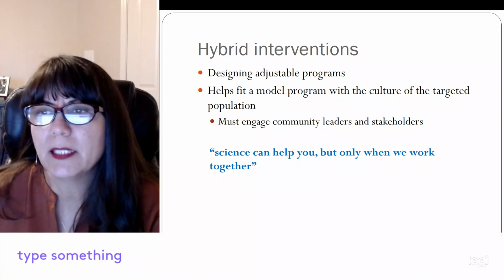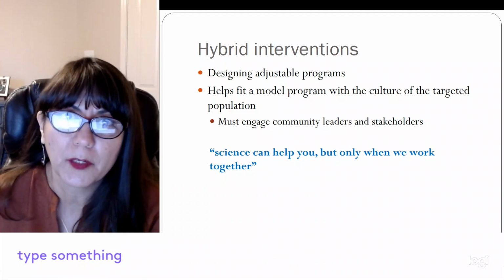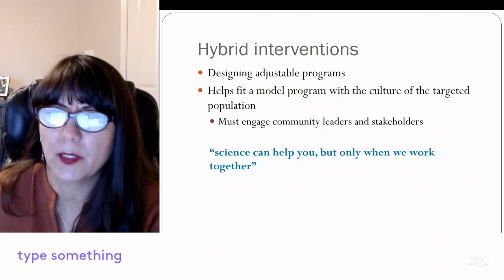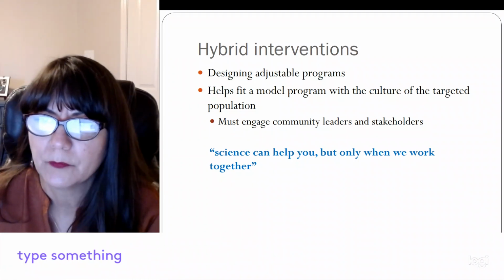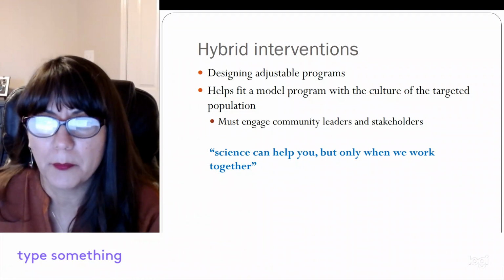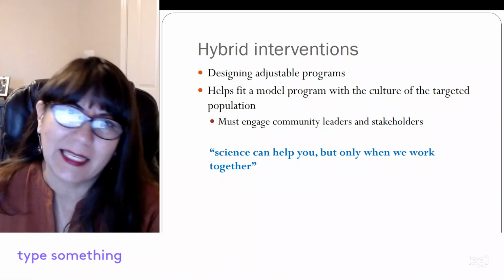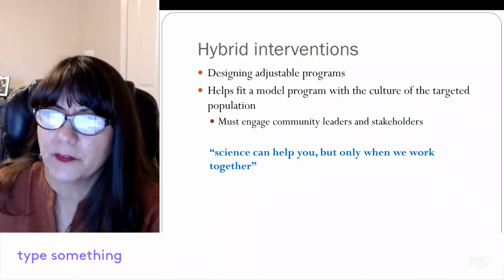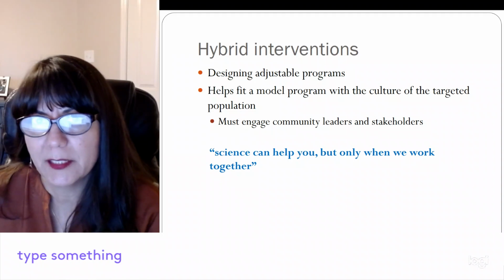So this really helps to fit an existing model program with the targeted culture of the local population. So again, for this type of hybrid interventions and adjusting them to a particular group, you need to engage the community.